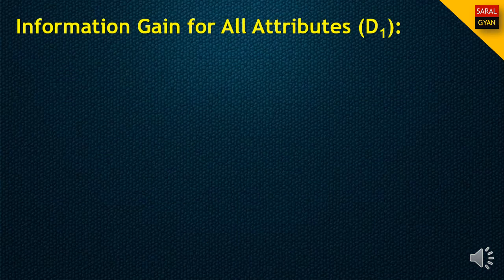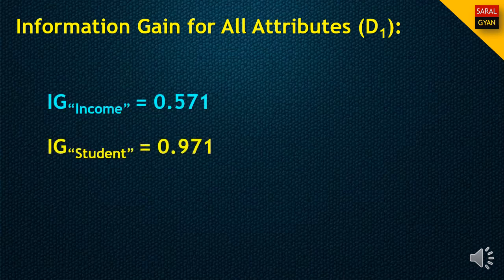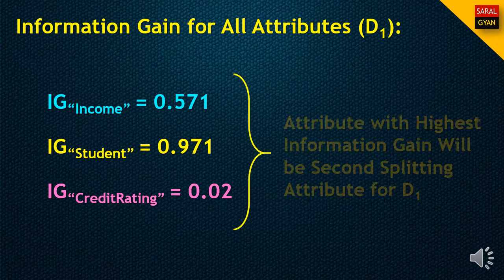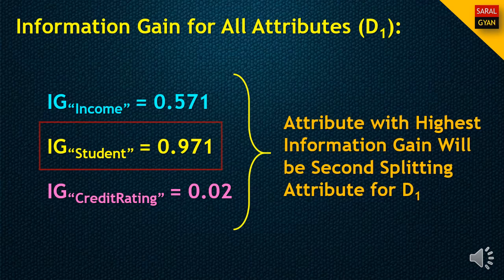For data set D1, the information gain for income, student and credit rating is 0.571, 0.971 and 0.02 respectively, out of which the student attribute has the highest information gain, 0.971. That means for second level splitting we can take the attribute student.